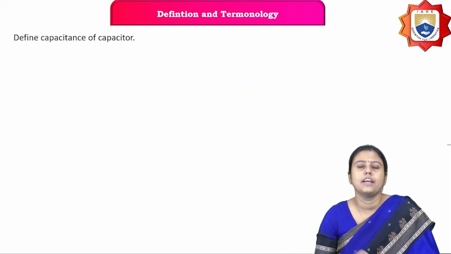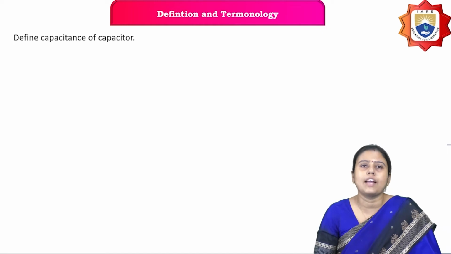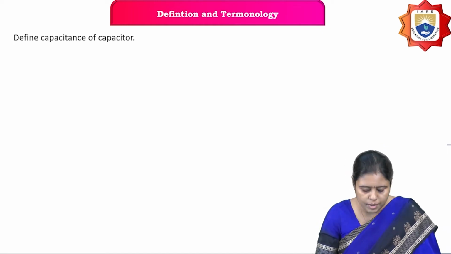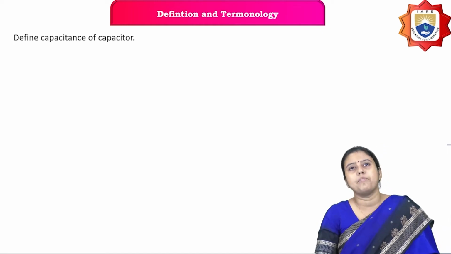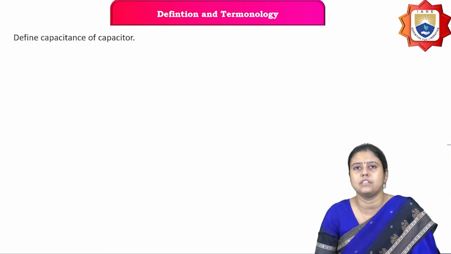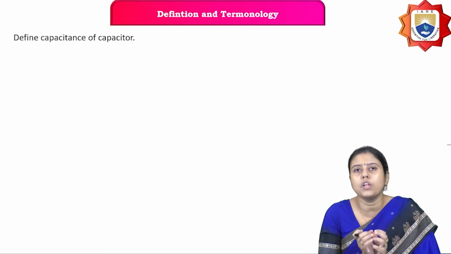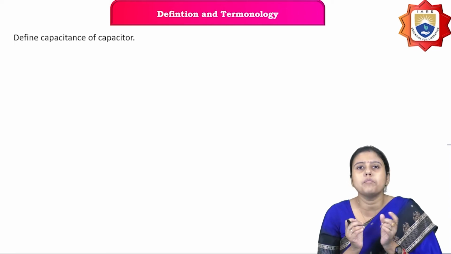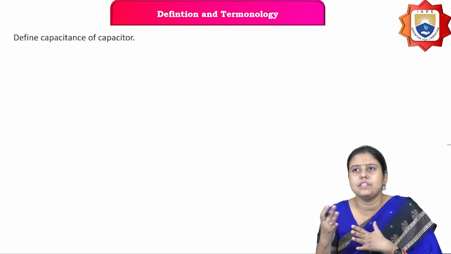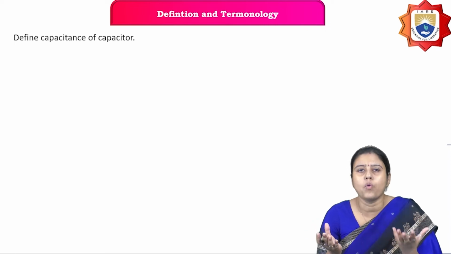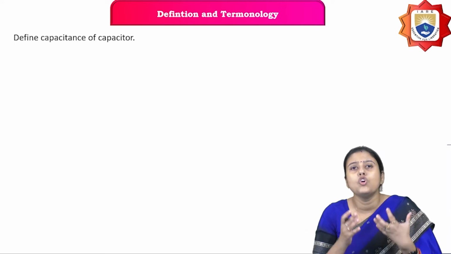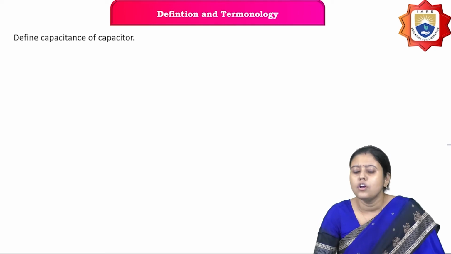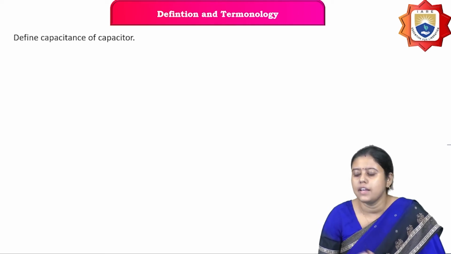Next definition. Coming to the capacitor, the next question is, what is the capacitance of the capacitor? Capacity means to store something. What is the meaning of the word capacity? The capacity of a bag, the capacity of your workload. Capacity means to hold something. So what is the capacitance?